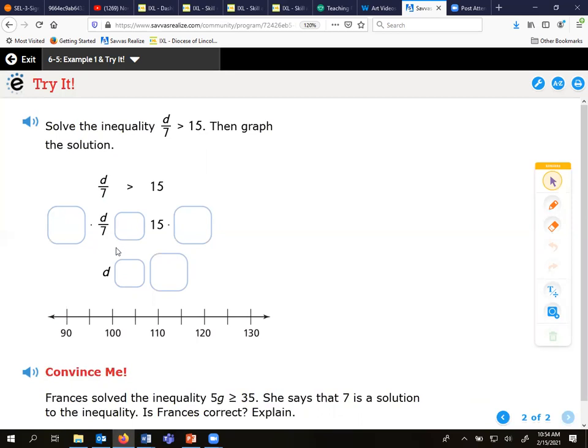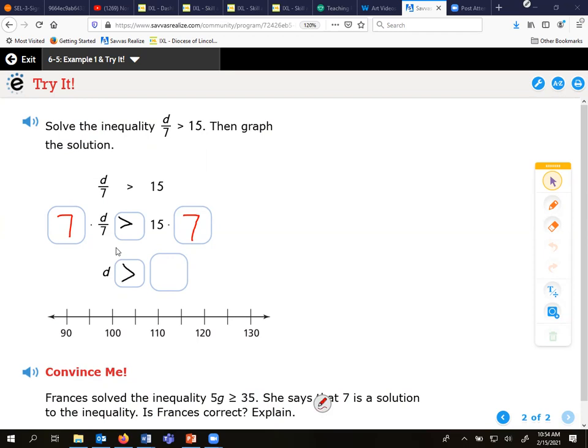So what's the inverse of dividing by 7? Maddie? Multiplying by 7. So we're going to multiply each side by 7. So we have a 7 here and a 7 here. This symbol stays the same.